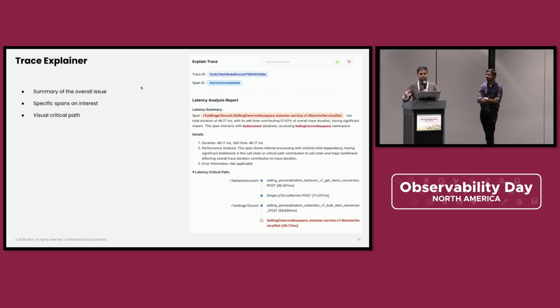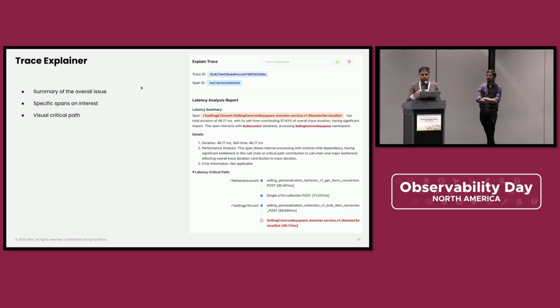There are no child processes happening within that particular span, so it's all self-time of that span. It also makes a call to a particular database, and it gives the information on what namespace within the database it's looking at. All these are very critical information for us to debug and figure out the root cause on where things are wrong instead of scanning manually through the spans.